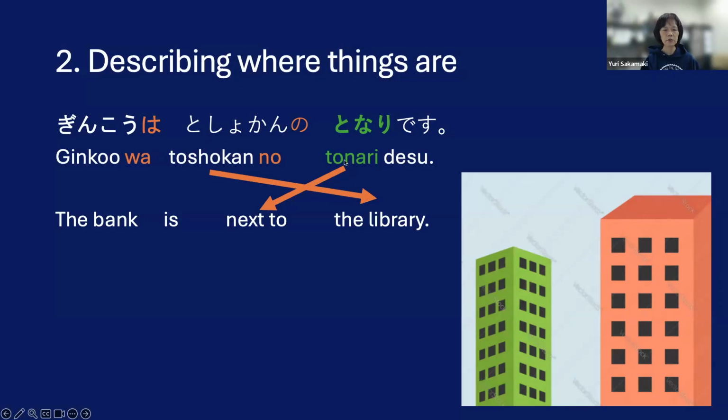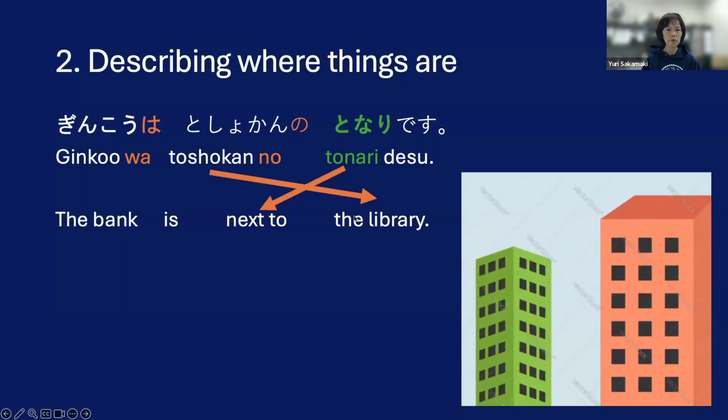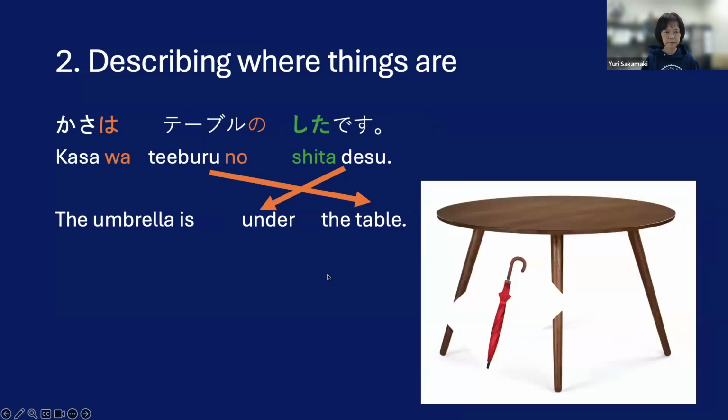So it's 図書館の隣. We say the library is next. So that's how we would make the sentence. Same thing. 傘はテーブルの下です. It's table's underneath. So I hope this makes sense when they're compared like this.